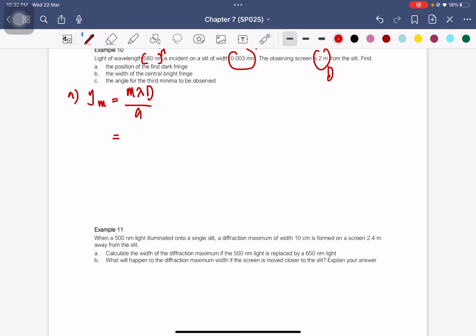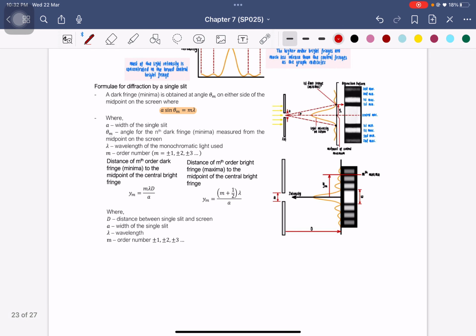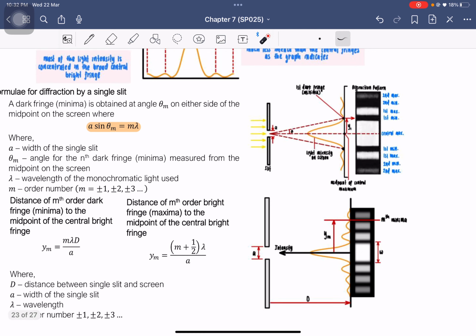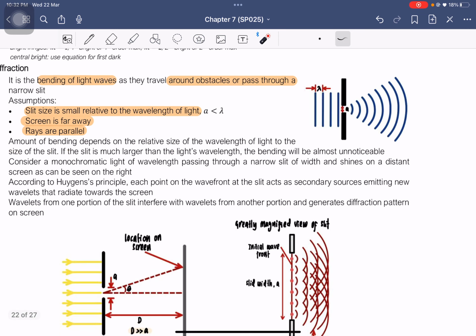The value of m for the first dark fringe, m is going to be equal to 1. First dark fringe, m is equal to 1.